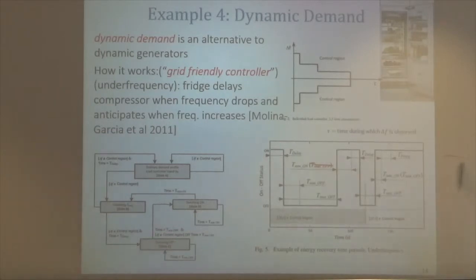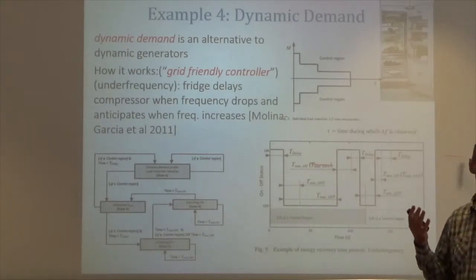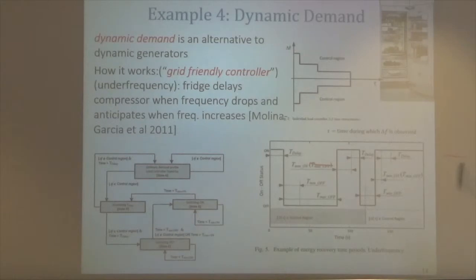So that's a proposal that has been made very seriously. In fact, there is on the table a proposal to do it in the UK, to make it mandatory that every fridge sold in the UK would have a controller that responds to frequency.